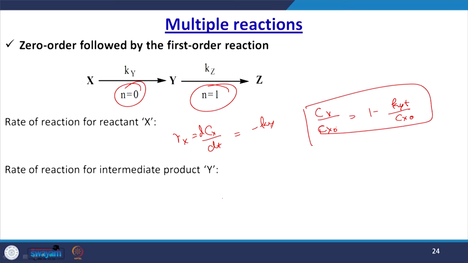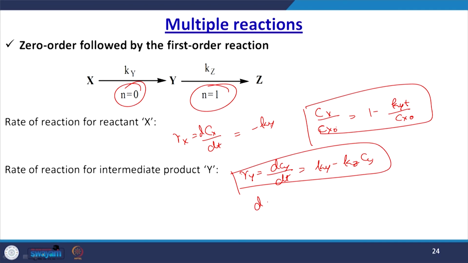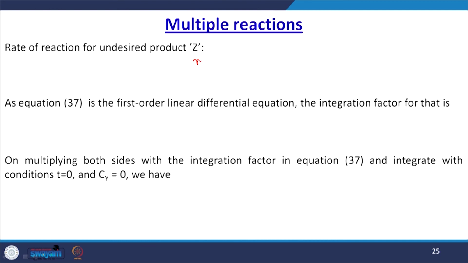Now for the intermediate product y, if we write this, then Ry is equal to dCy upon dt, that is equal to ky minus kz Cy, and this can be represented as dCy upon dt plus kz Cy is equal to ky. For the undesired product, it is quite obvious because we follow this series, so it can be put forward as Rz is equal to dCz over dt is equal to kz Cy.